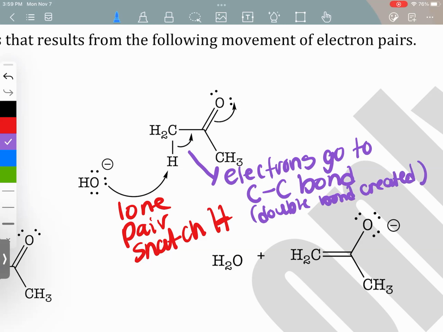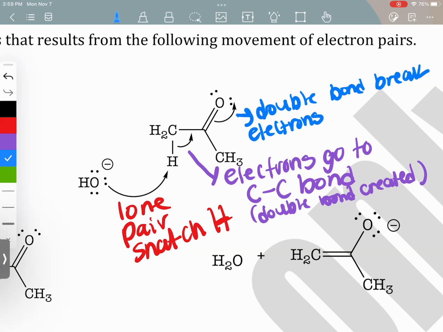And the last arrow means what? That double bond went to the oxygen, so we have two more. So here the double bond will break and the electrons are pushed onto the oxygen.